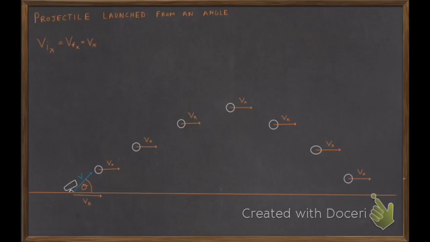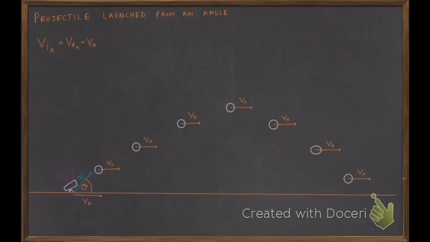We'll draw that in purple. Our Vy can be drawn right here. We have a nice arrow like this, and we'll label this Vy. So that is our velocity component in the vertical direction.